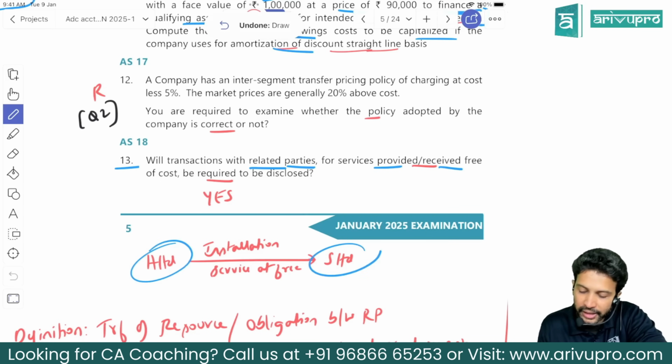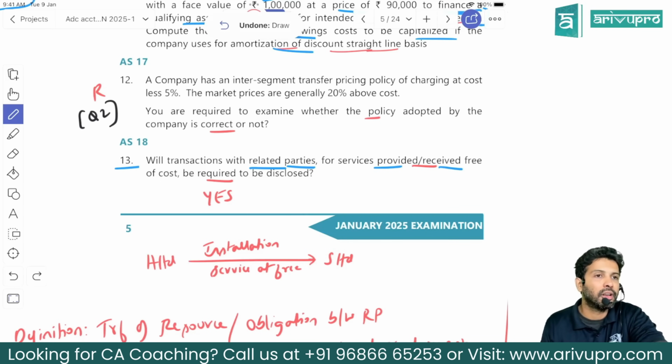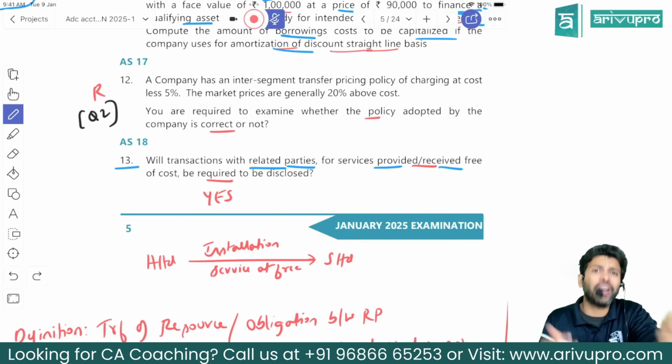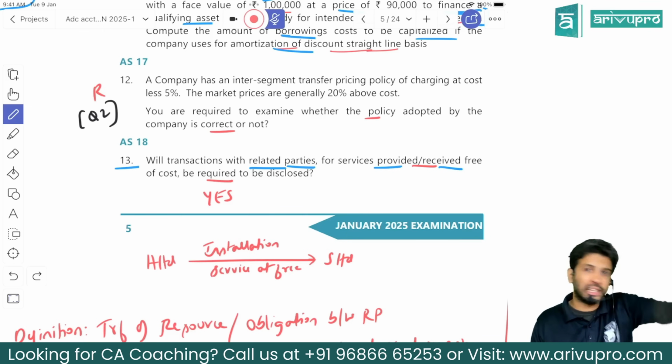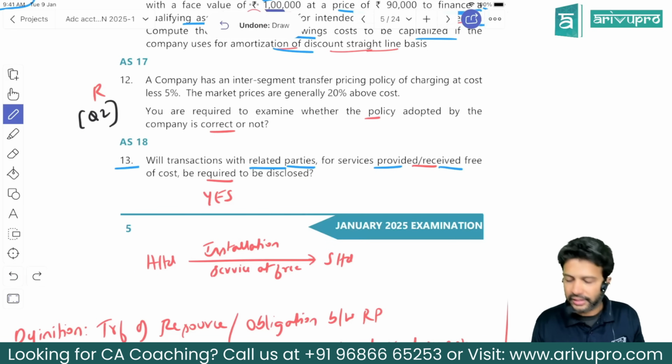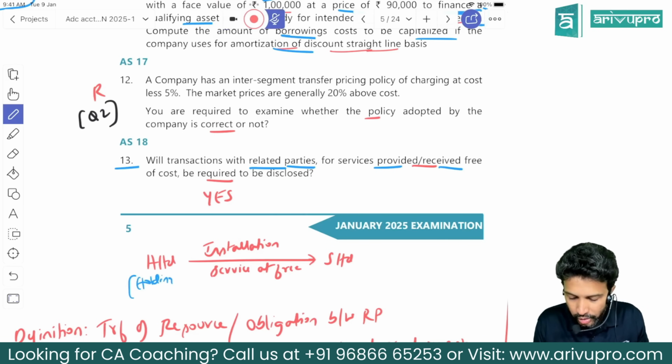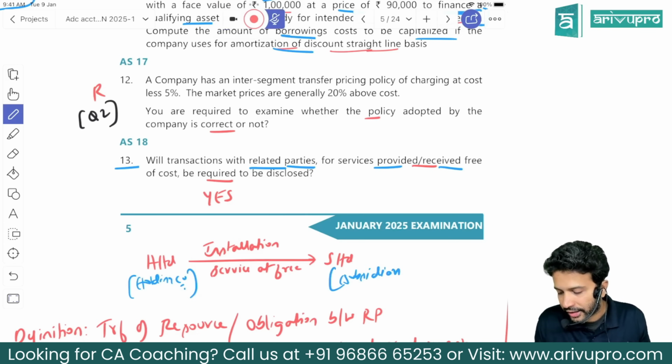Are they related parties? Yes. One company has either control or significant influence over another company, so they automatically become related parties. I've assumed H to be the holding company and S to be the subsidiary company.